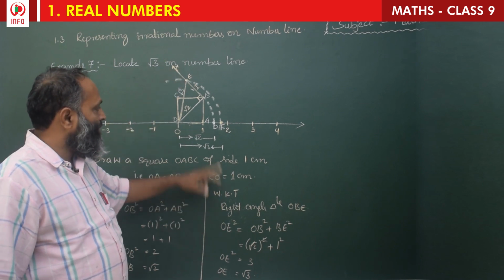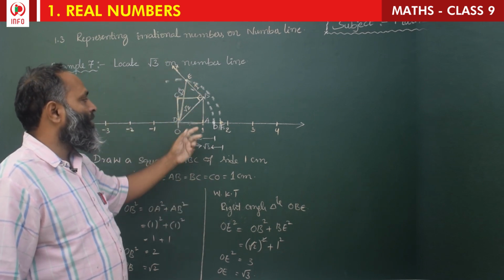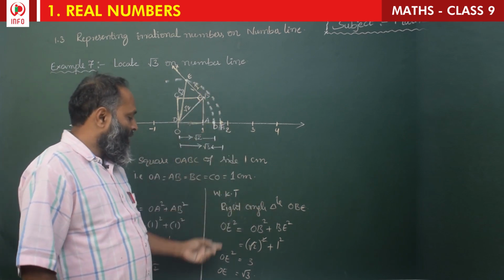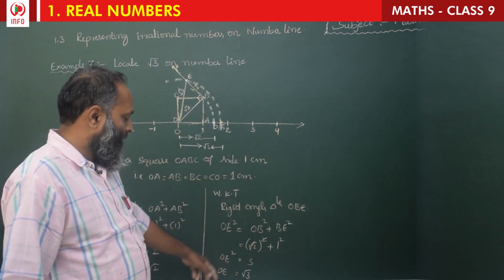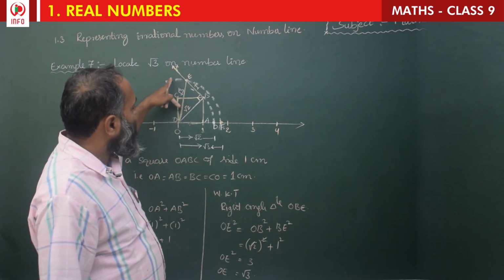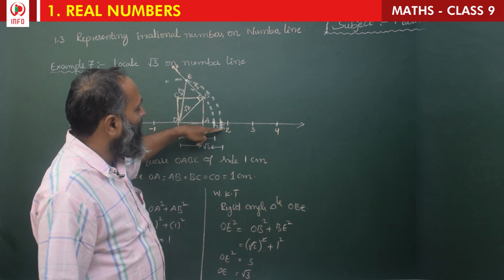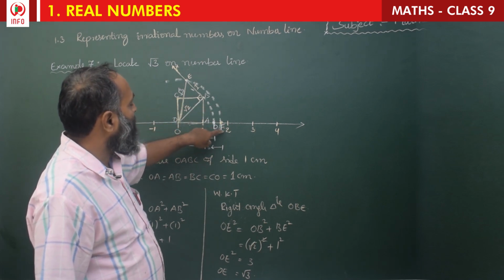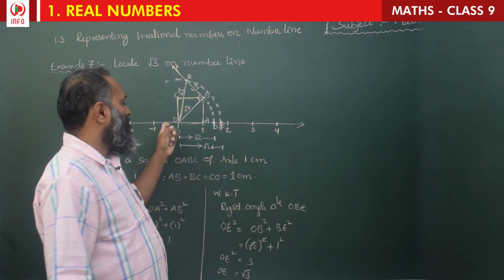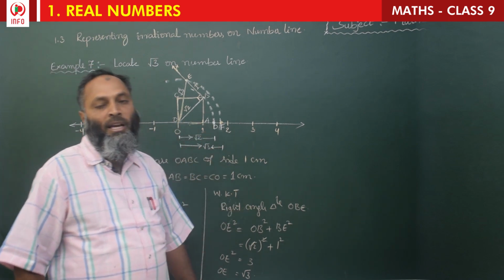OE square is equal to the sum of the squares of the two perpendicular sides, that is OB square plus BE square, root 2 square plus 1 square. You will get OE as root 3. With O as a center, draw an arc which cuts the line at a point F. Then OE is equal to OF is equal to root 3. This is the representation of root 3 on a number line.